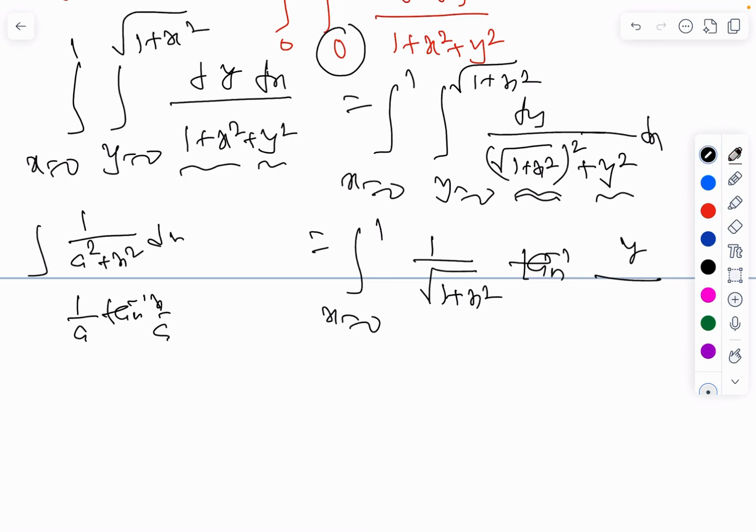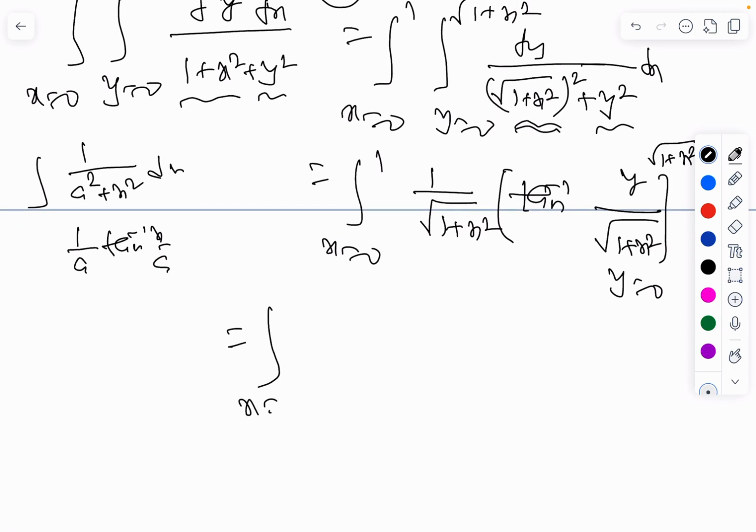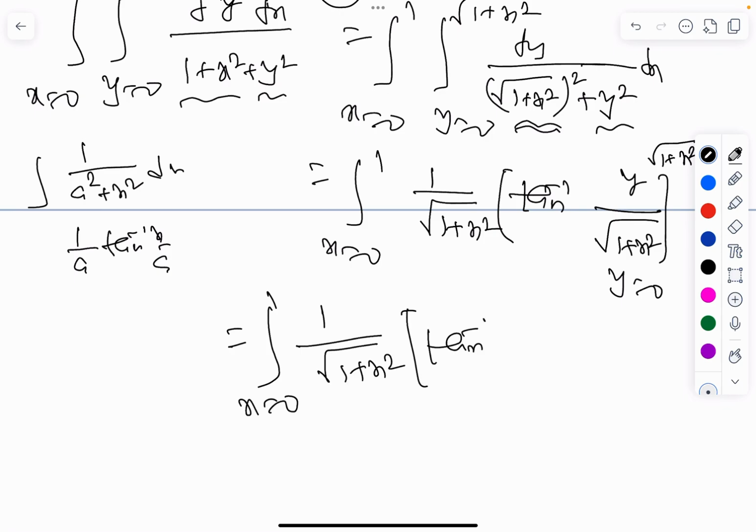So, variable is y and a is root 1 plus x square. And this is equal to y from 0 to root 1 plus x square. So now this is x equal to 0 to 1, 1 upon root 1 plus x square, tan inverse now root 1 plus x square upon root 1 plus x square. So that is 1. And tan inverse y is 0, then it will be 0.